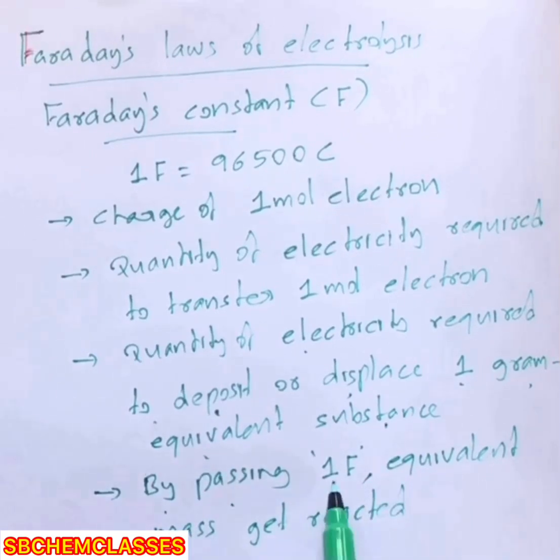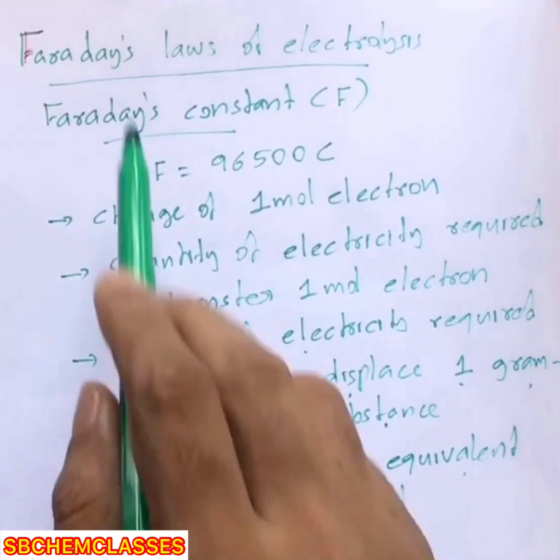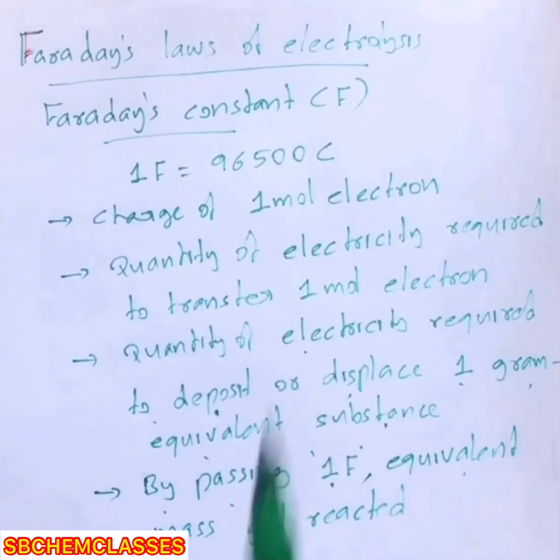So by passing 1 Faraday, equivalent mass gets reacted. This is the basic information we have to know about Faraday's laws of electrolysis, especially in our competitive examinations.